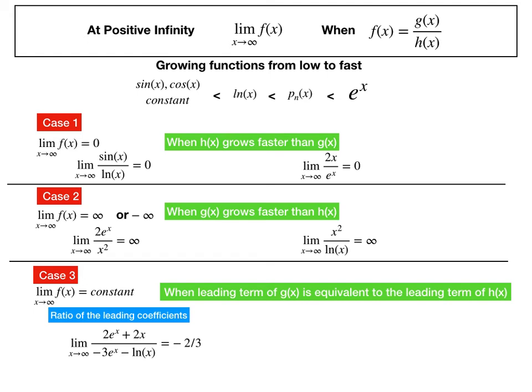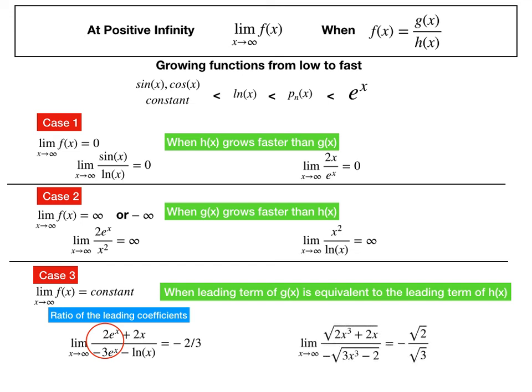If you look at the numerator, the dominant term is e to the x because e to the x grows faster than 2x. Similarly, the leading term in the denominator is also e to the x because it grows faster than natural log of x. So in this case, we look at just the ratio of the leading terms. The leading term cancels out, and the ratio of the coefficients is negative 2 over 3.